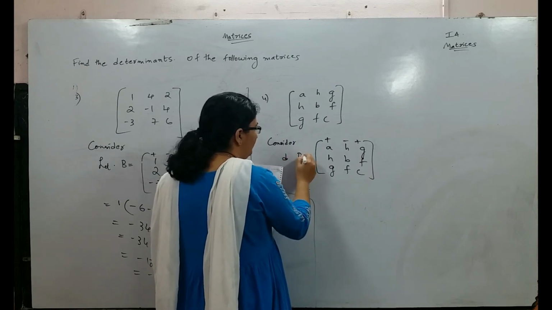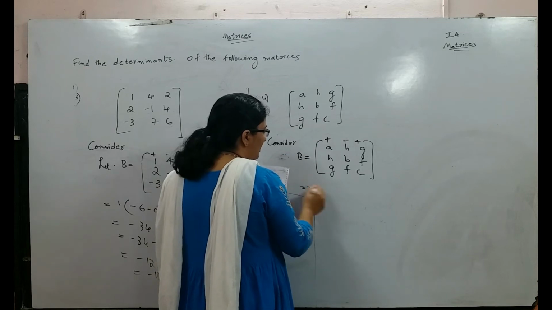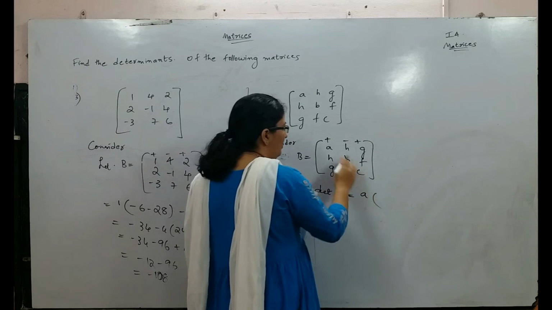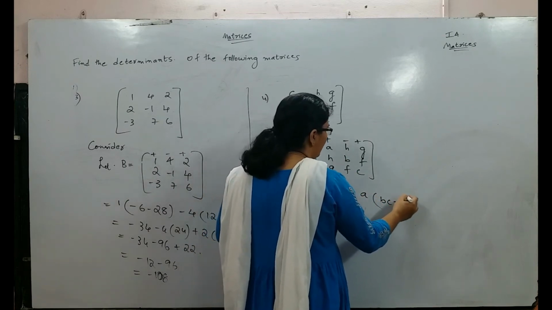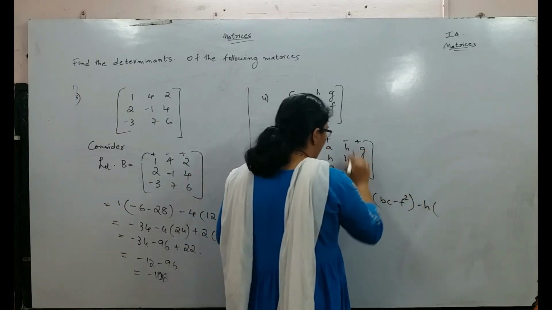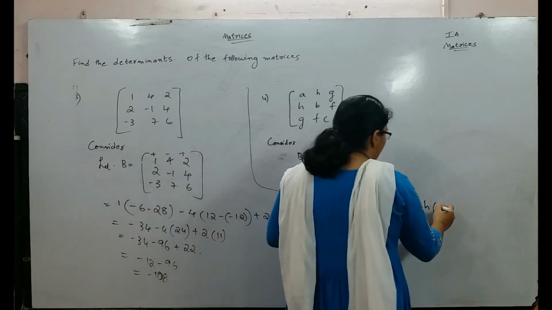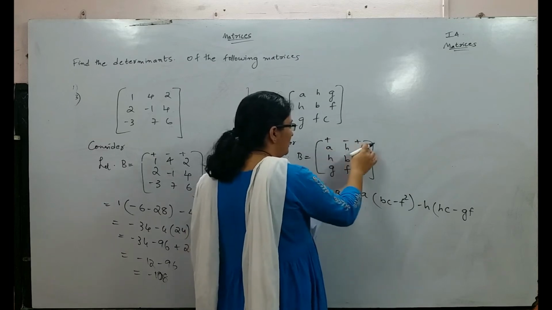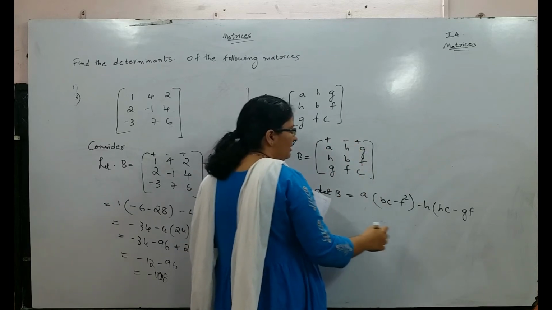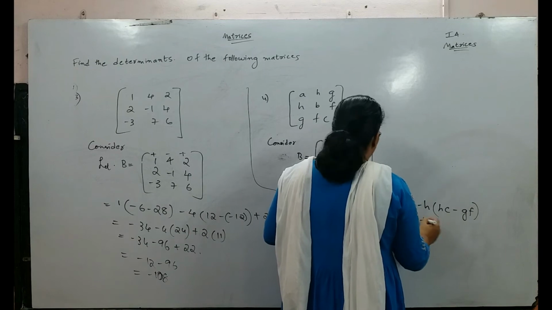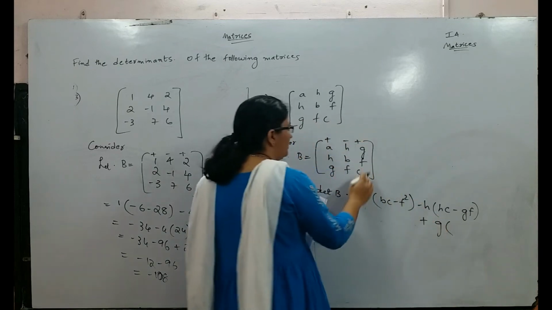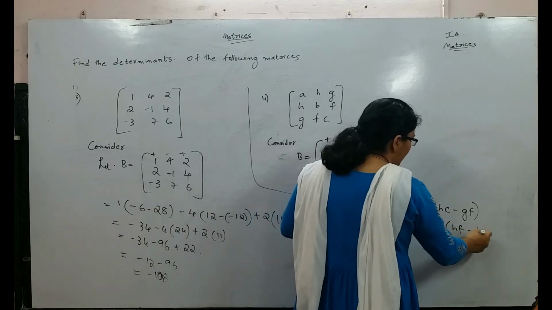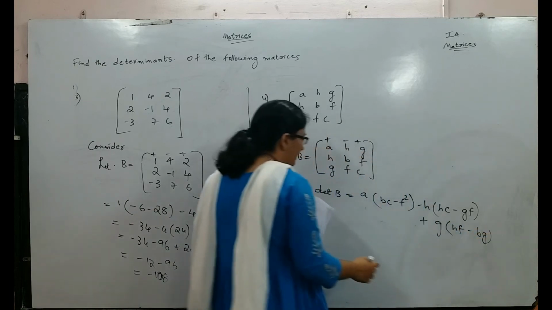Let this be B. Determinant of B is equal to A into BC minus F square, minus H into HC minus GF, close this column, close this row, plus G into, close this column, close this row, HF minus BG. This is what you have.